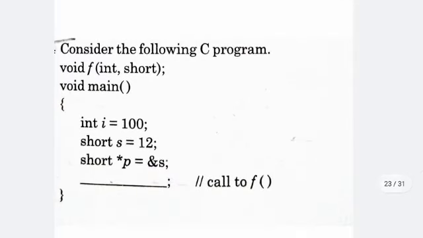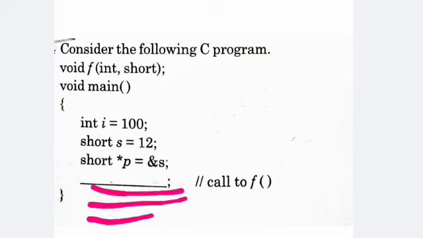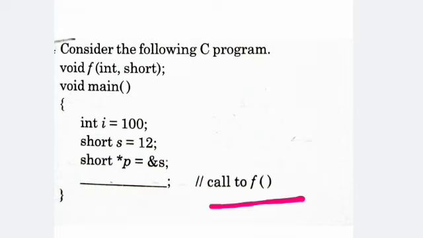Consider the C program void f(int *, short *). Here the line of code is given like this: initialize i equal to 100, short s equal to 12, and short pointer p equal to the address of s, with a blank space for putting the expression that calls the function f.